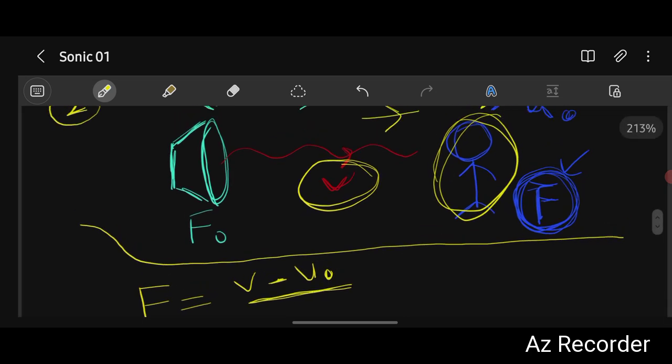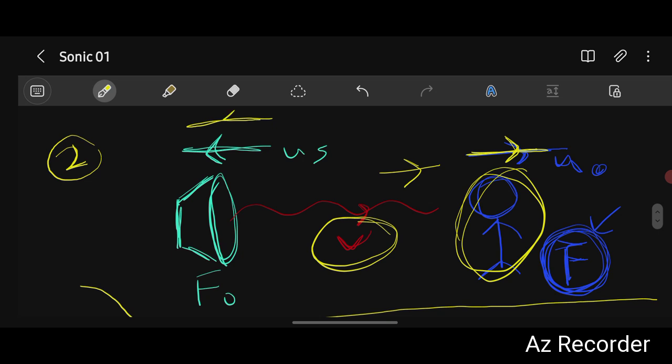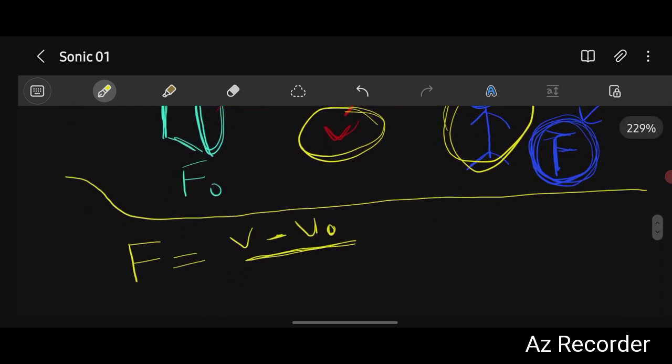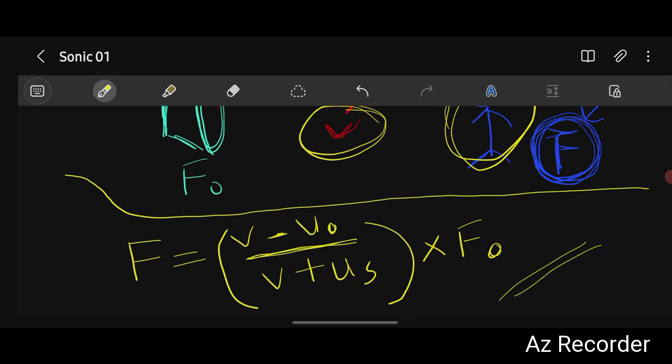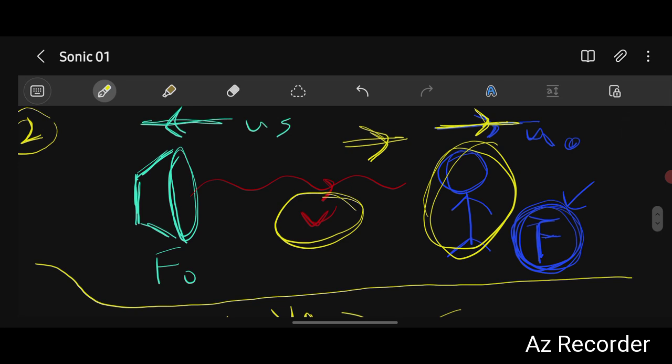Then the source velocity goes in this direction, and the sound velocity goes in this direction, so to get the relative motion we want to add this, and then multiply it by the real frequency. This is the second instance, where the source and the observer move away from each other.